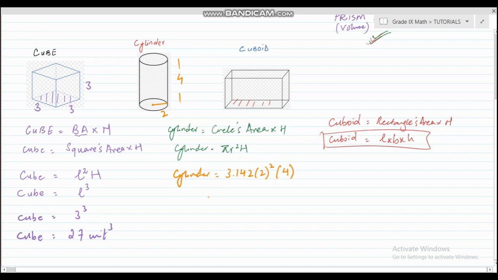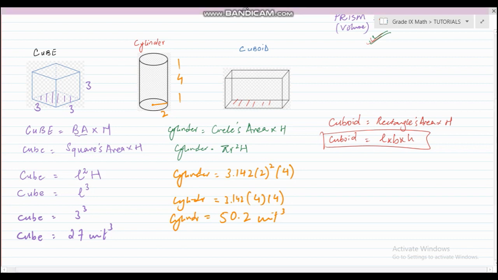Multiplying all of them together, 4 times 4 is 16, and 16 times pi, let's calculate it. 16 times 3.142 is 50.2 unit cubed. That is your cylinder.